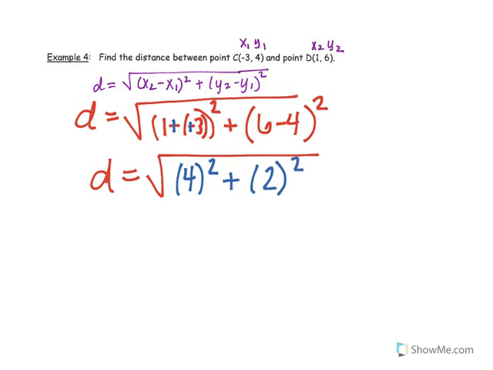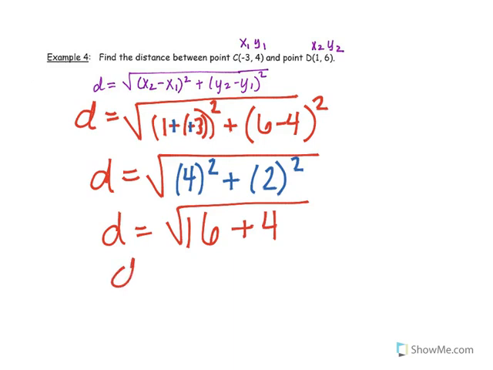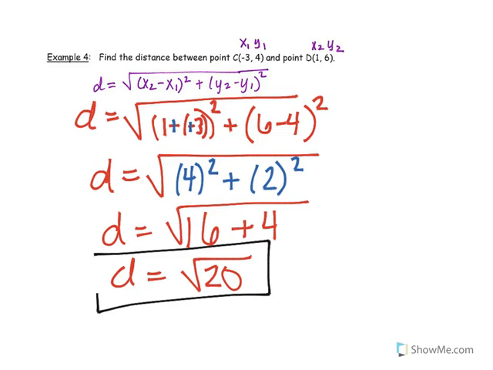Now I can do the exponents. 4 squared gets me 16, 2 squared gets me 4. Then I add together: 16 plus 4 is 20, and I have the square root of 20. I ask myself, is that one of my perfect squares? The answer is no, so there is my exact answer.